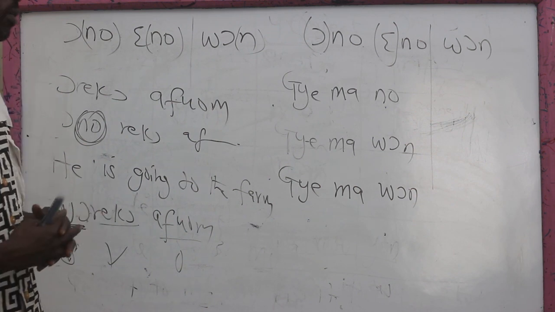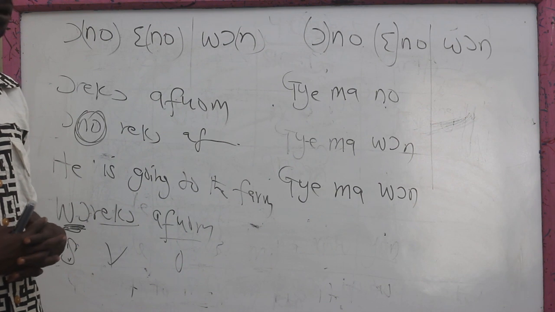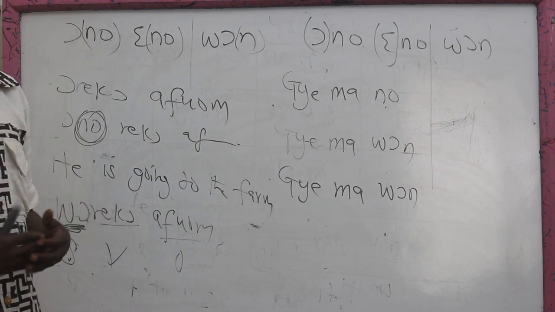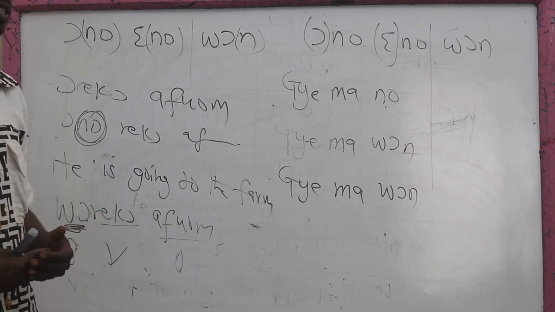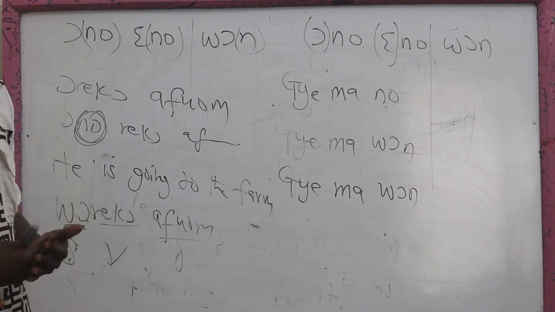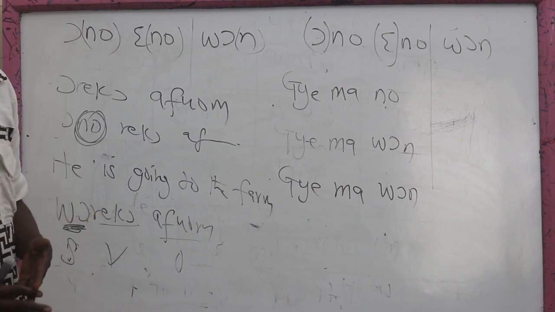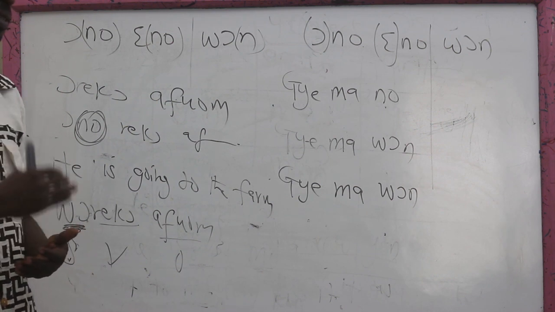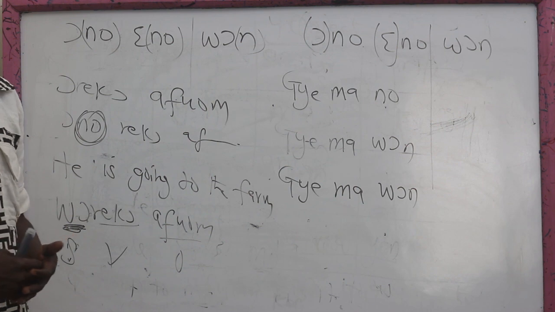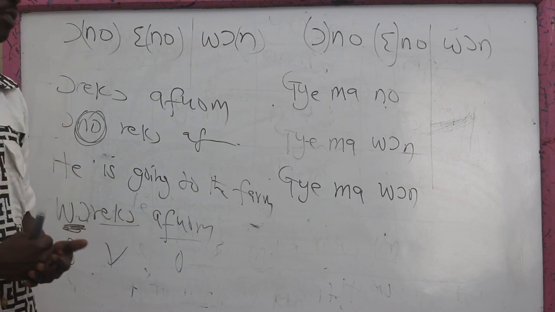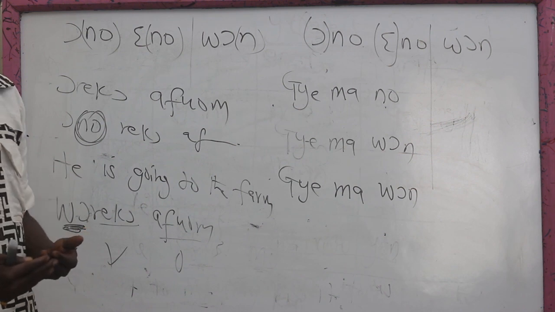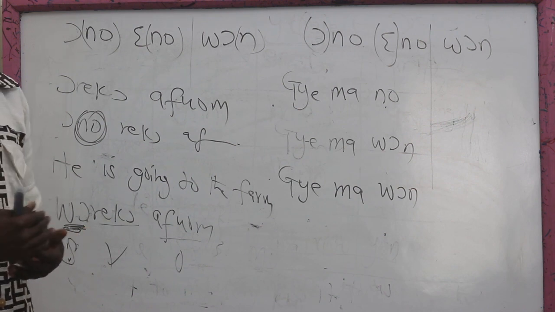Just note first person, first person, singular and plural subject, first person singular and plural object, second person singular plural subject, second person singular plural object, finally third person singular plural subject, and third person singular plural object.